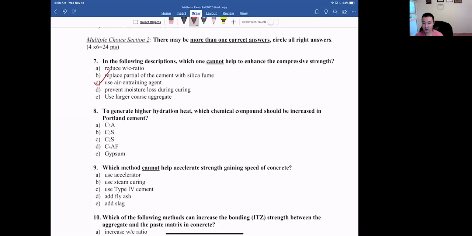If we increase the size of coarse aggregate, it will increase the stress concentration along the ITZ. As a result, the strength will be lower. That's why for high strength concrete mix design, we use smaller coarse aggregate. So using larger coarse aggregate cannot help to enhance the strength. So the right answer is C and E.